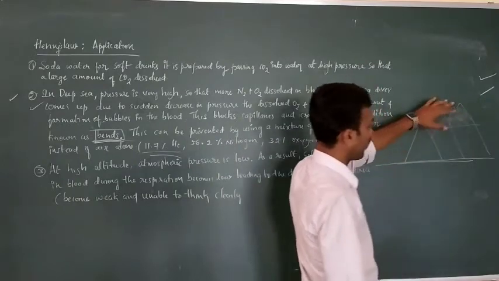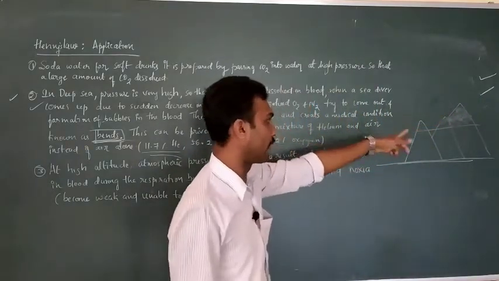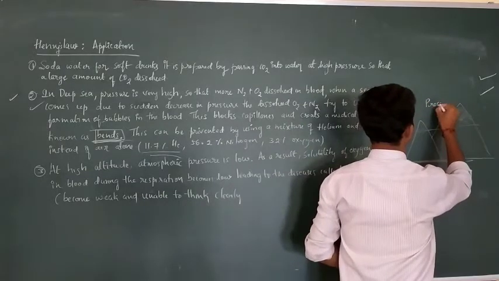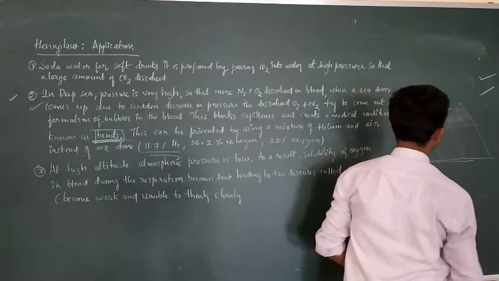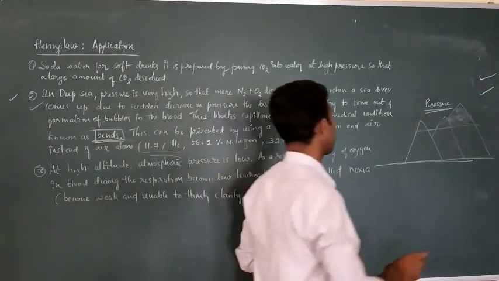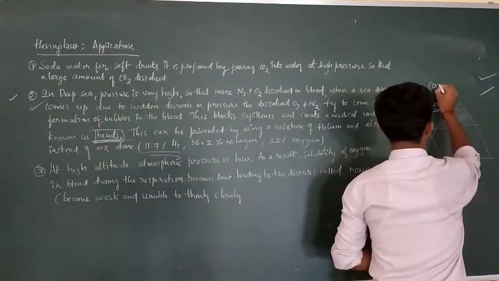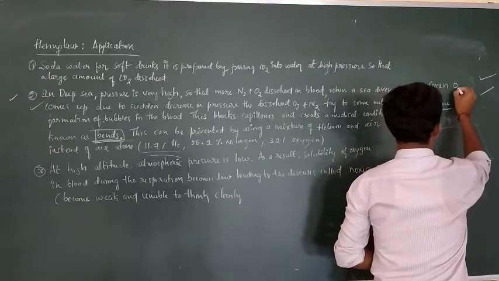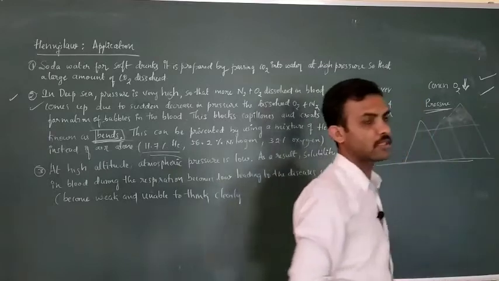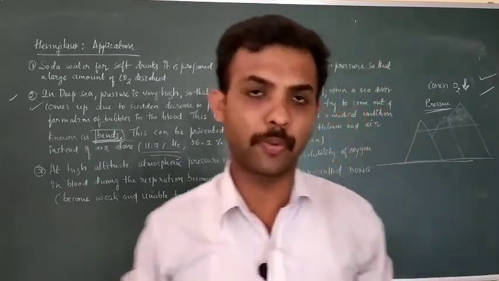So the person who is living here, at high altitude, the pressure is very, very less. You can see the concentration of oxygen here decreases, the concentration of O2 decreases because of the lower pressure, right.